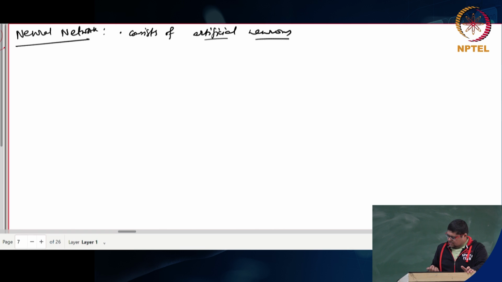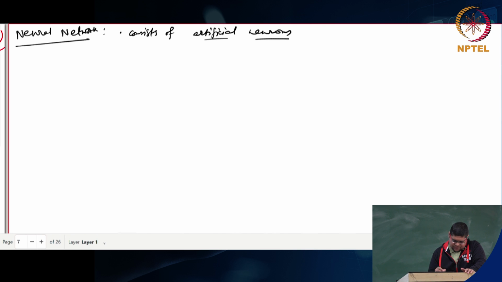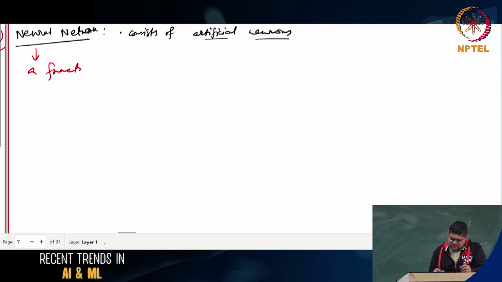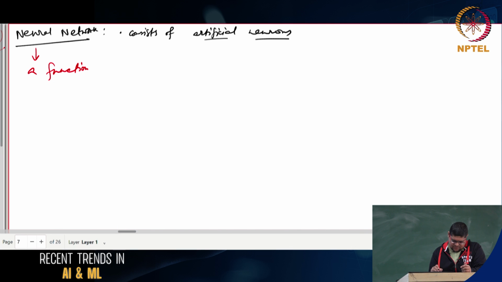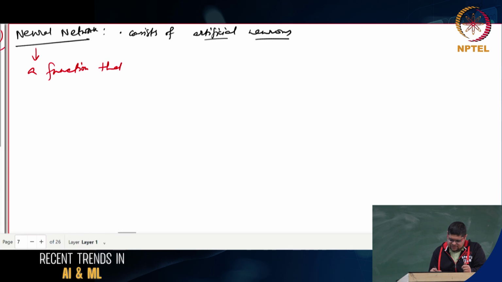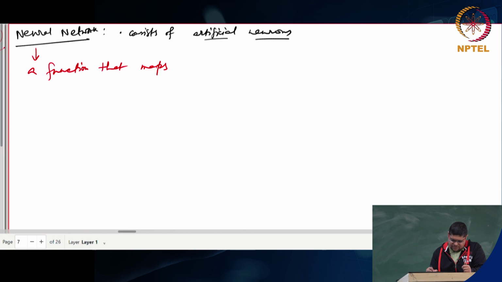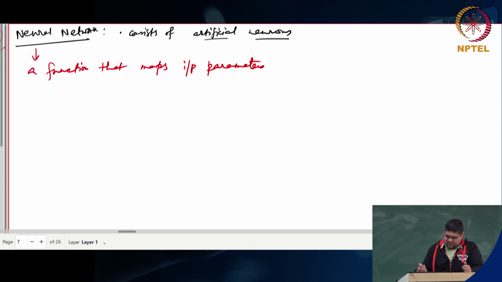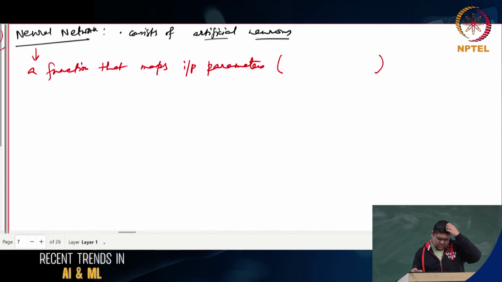But here we will look into the mathematical foundation. For our case, this will be nothing but a function that maps input parameters to outputs.